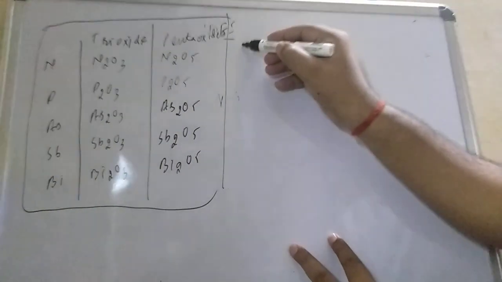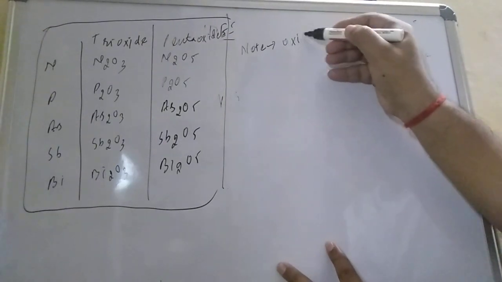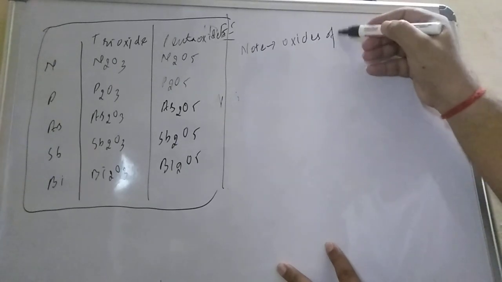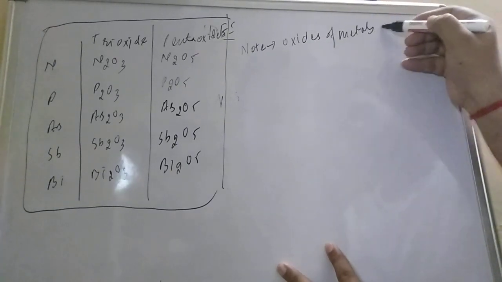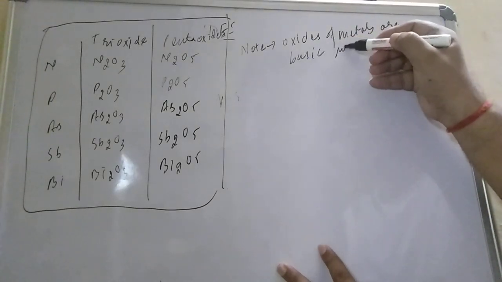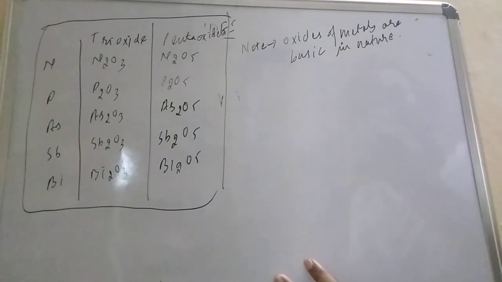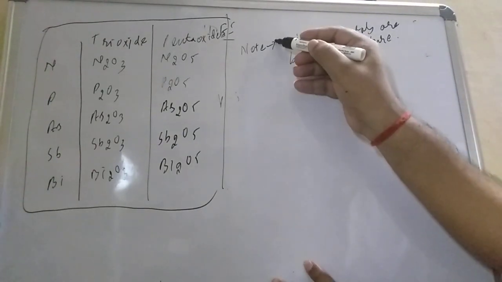Firstly, write down this note: the oxides of metals are basic in nature. This is the concept, basic in nature, because when you dissolve them in water they give hydroxides. This is note number 1.